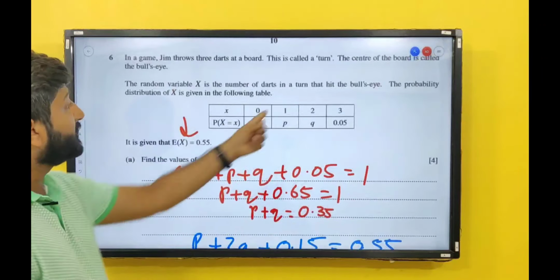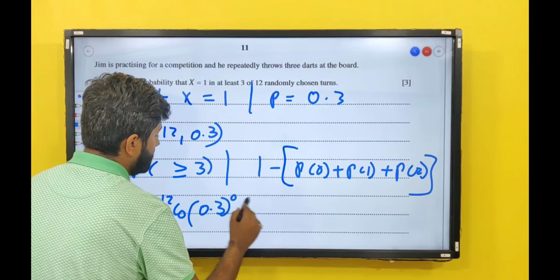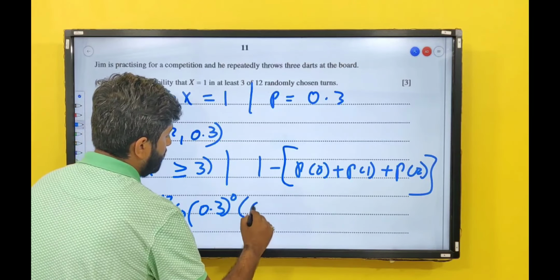So probability of 0, so 12C0, probability of success power 0, probability of failure power 12, plus probability 1, 12C1, probability of success power 1, probability of failure power 11, P of 2, 12C2, 0.3 square into 0.7 power 10. So I think 12C0 is 1.